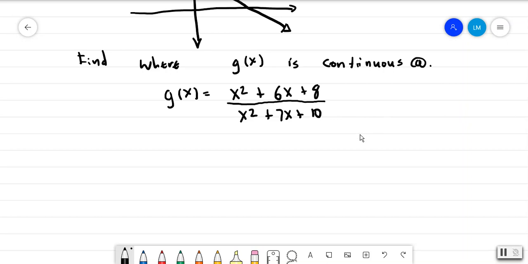The main thing for this one is that we realize there are two possibilities for a rational function: either there's going to be an asymptote or there's going to be a hole. Now, most likely you learned at some point that a rational function has to be in its most simplified form so that you can determine the asymptotes.